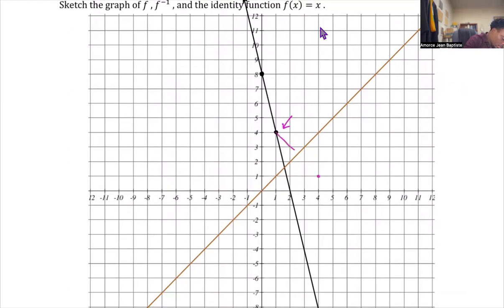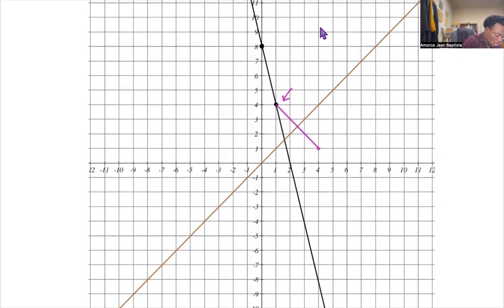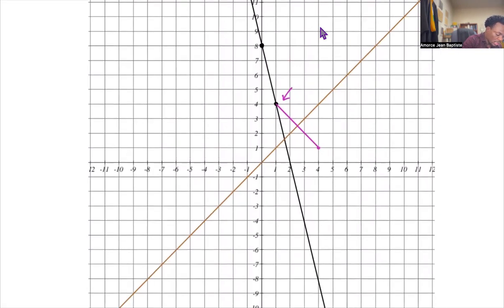So that would be the symmetry for that one. Now I'm going to need a symmetry for this one. This is x equals 0, y equals 8. So I'm going to need y equals 8, 0, x equals 8. We swap them.